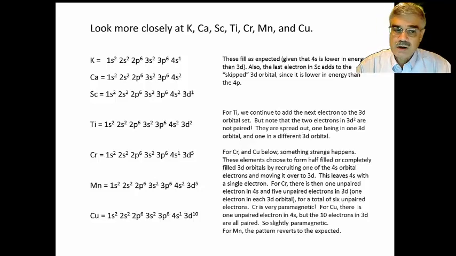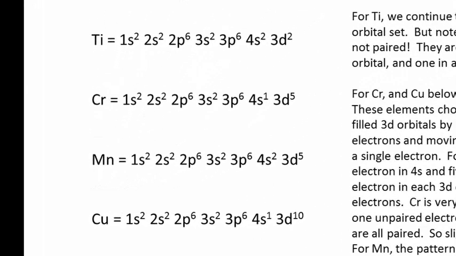Now, as we continue on to titanium, the next element in the periodic table after scandium, we continue to add to the 3d orbital set. And we have 1s2, 2s2, 2p6, 3s2, 3p6, 4s2, and now 3d2. Now, for that 3d2, remember we have 5 3d orbitals, and we're not pairing up those 2 electrons in the 3d2.